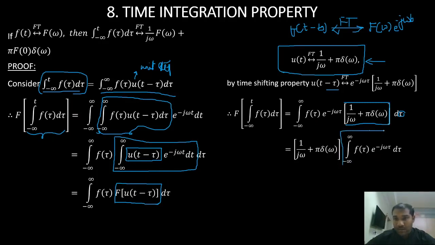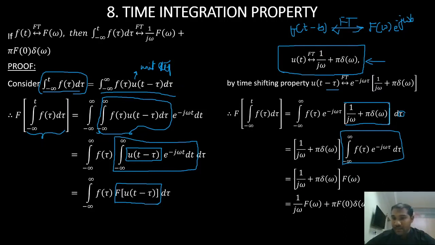What is this? This is nothing but F of omega, right? So I'm multiplying F of omega inside, that is 1 by j omega into F of omega plus pi into F of omega into delta of omega. Where does delta of omega exist? Delta of omega exists only at omega equals 0.